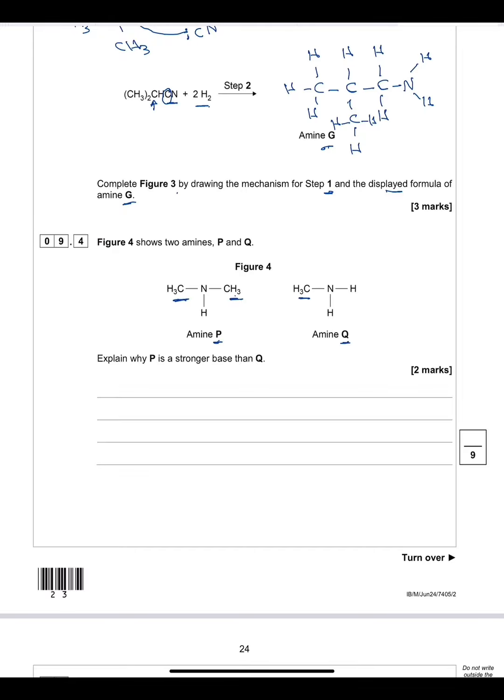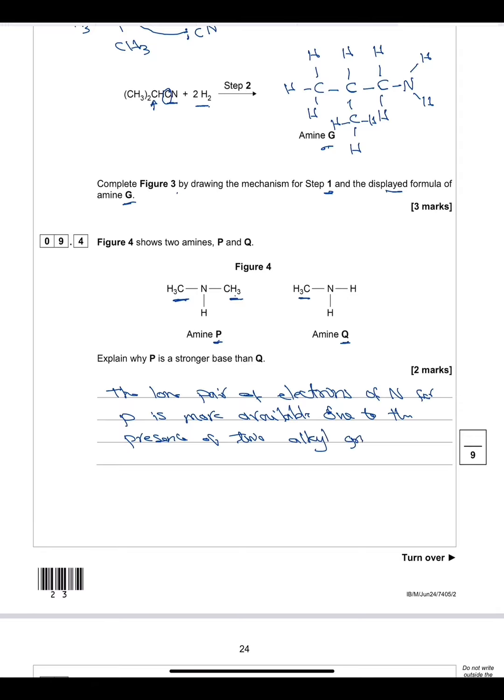So the answer can be that the lone pair of electrons on the nitrogen for compound P is more available due to the presence of two alkyl groups, or attachment of two alkyl groups, compared to Q, which has only one.